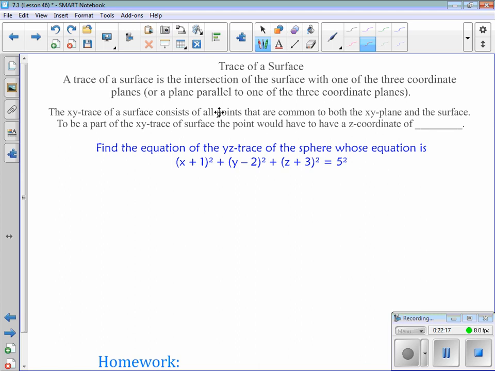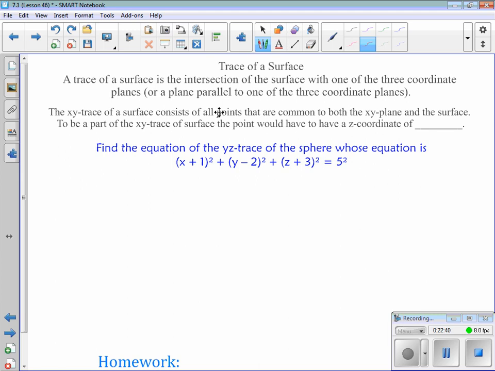If it was highlighted where they intersected, wouldn't it be like a line? Just like here where they intersect, and it would go on forever, right? So that's what the trace is. That trace of a surface would just be the line. It's where they intersect and all the spots that they intersect. So they intersect at an infinite number of points, right? But it forms a line.